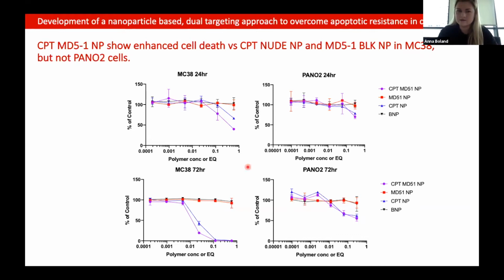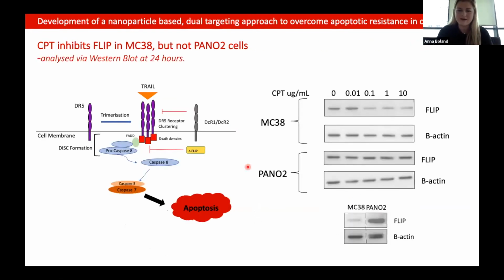and why aren't the PAN02s? So to bring you back to our pathway here, as I mentioned before, the key inhibitor that we're looking at here is FLIP, and we have shown that camptothecin inhibits FLIP in our MC38 cells, but not our PAN02 cells.